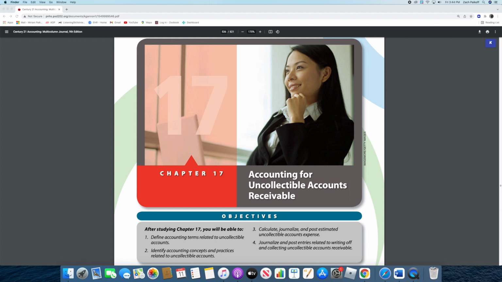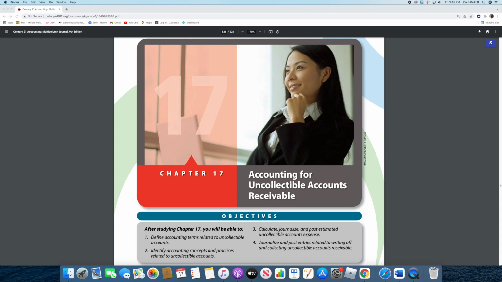In addition to that, we will also be learning about how to define accounting terms related to uncollectible accounts, identify accounting concepts and practices related to uncollectible accounts, calculate, journalize, and post estimated uncollectible accounts expense, and finally, journalize and post entries related to writing off and collecting uncollectible accounts receivable.